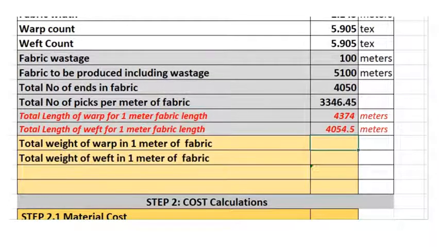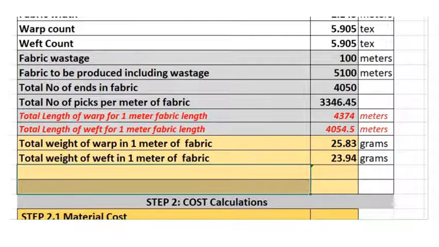So we take this length into the count in tex, 5.905, divided by 1000, we get the warp weight. Weft weight is 4054.5 into 5.905 divided by 1000, we get both. So both we get in grams.